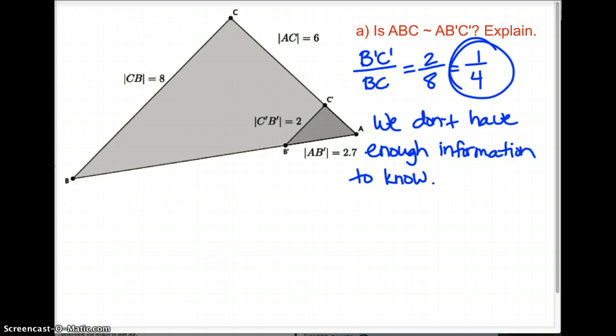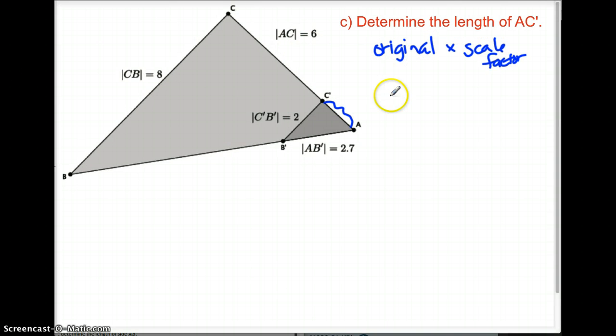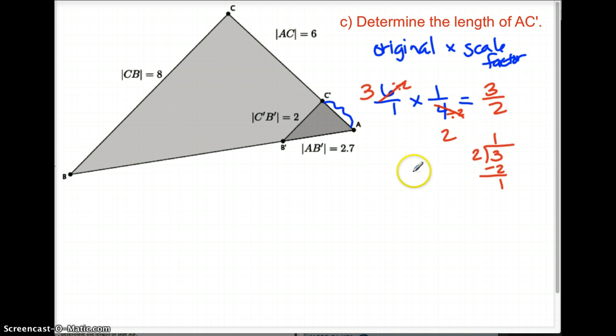So down on part C, I'm going to take 6, the original, and multiply it by the scale factor 1/4. You can cancel the 6 and the 4 by dividing them both by 2. So the 6 becomes a 3, the 4 becomes a 2, and you get 3/2. I'm going to change that to a mixed number. 2 goes into 3 once, and I have 1 left over, so that would be 1 1/2.